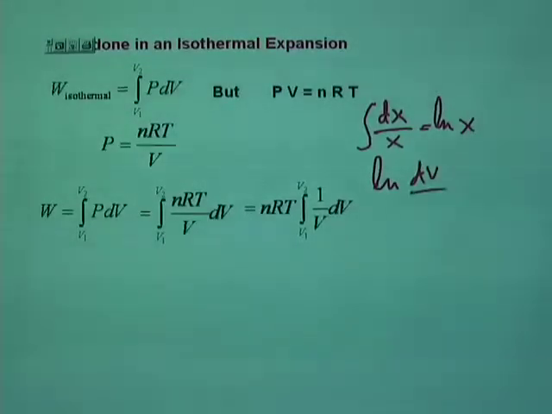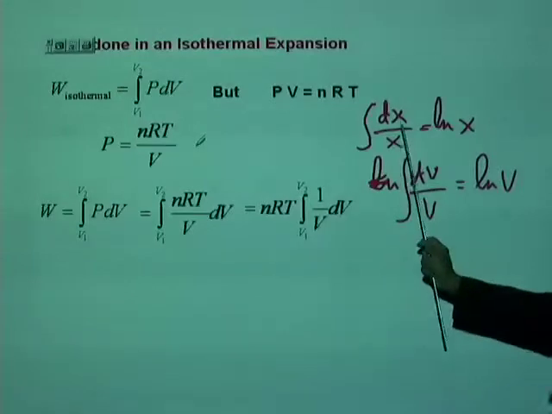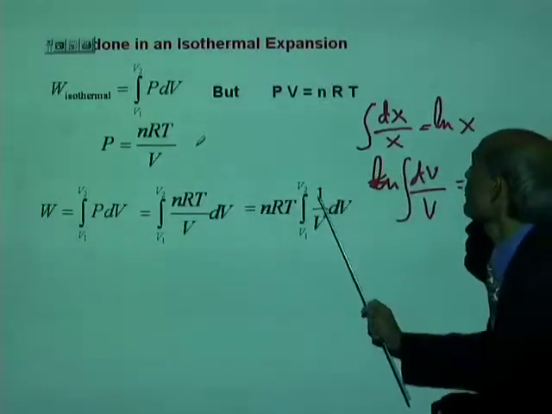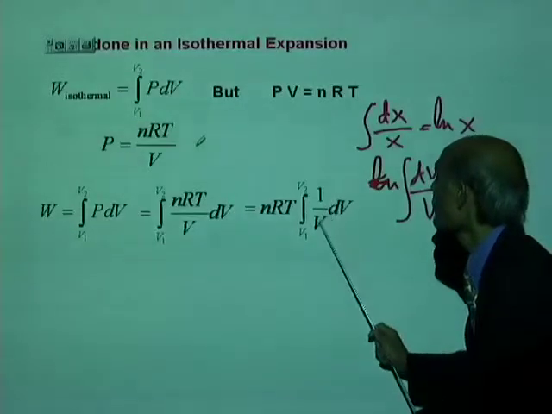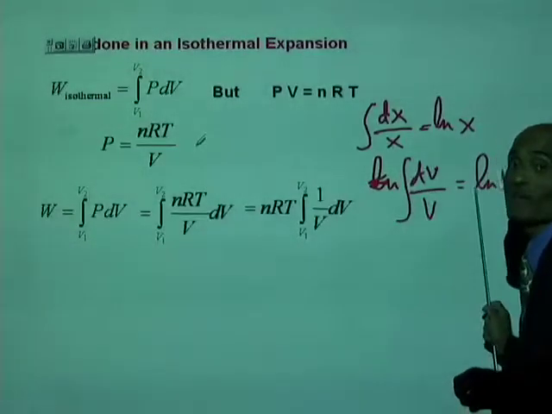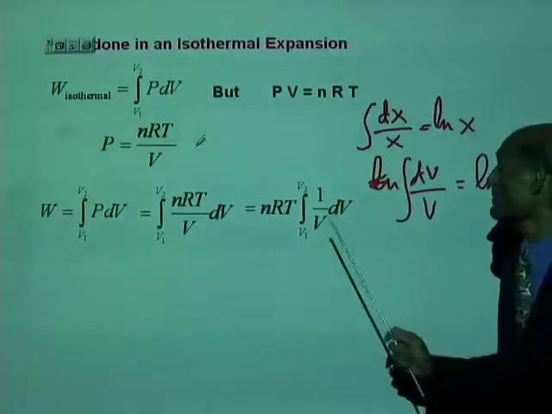Integral of dv over v is ln of v. I hope you know that. So this is the standard integral. Integral dx over x is ln of x. Therefore, integral 1 over v dv is the same as dv over v is ln of v.